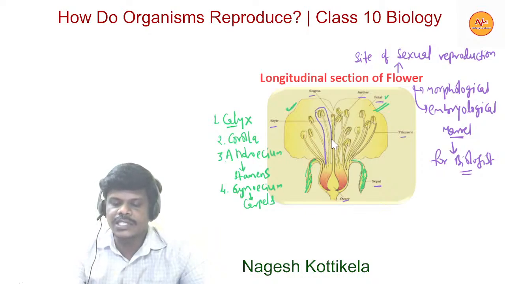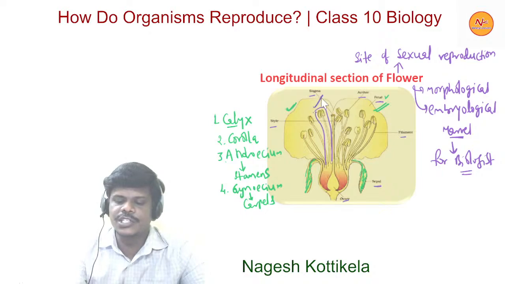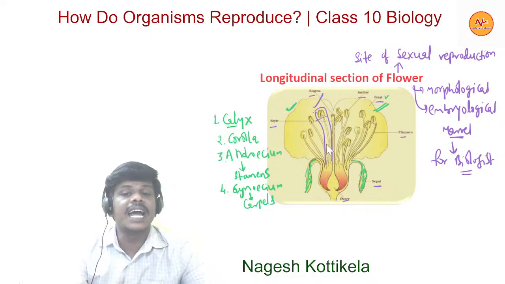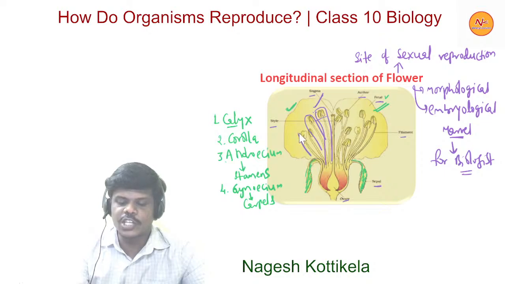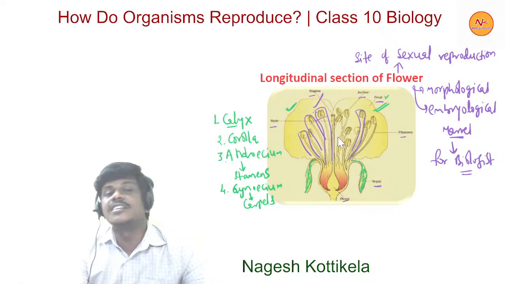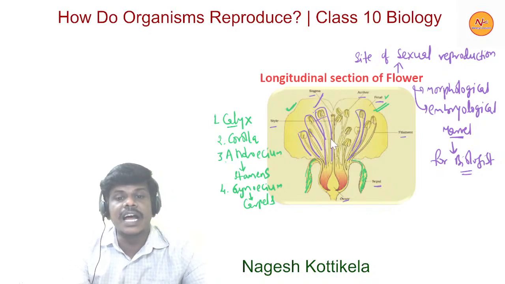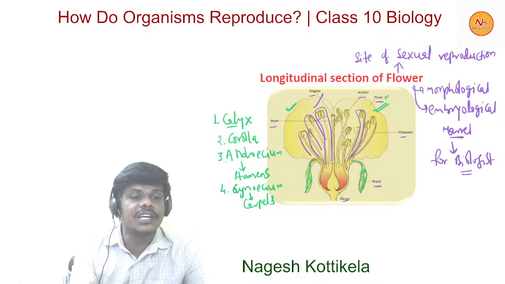This whole structure which I have marked here, containing the anther part and the filament part, is what we call one stamen. This is another stamen, and this is another stamen. So here we find many stamens. Each stamen consists of 2 parts, anther and filament.